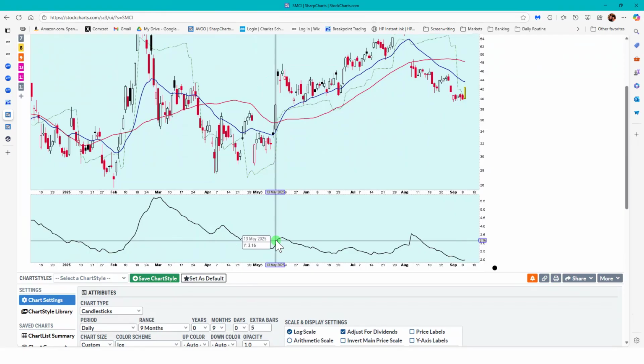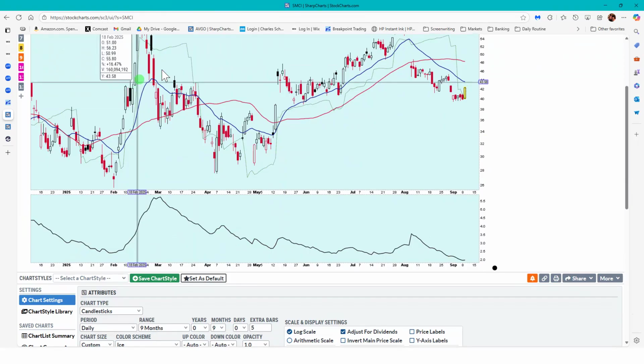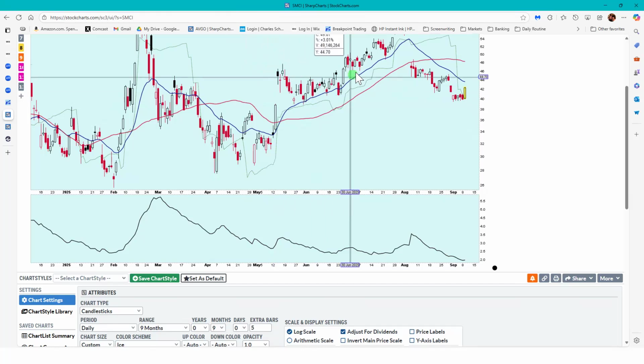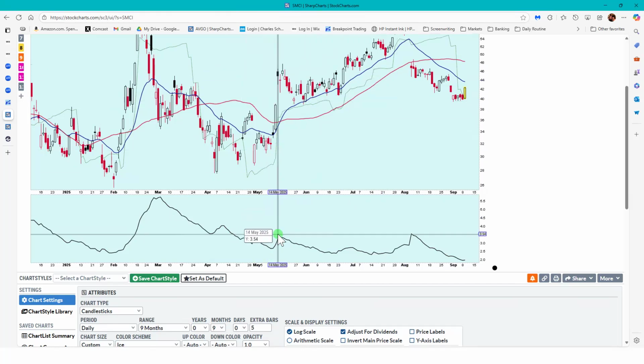So 3 divided by 39, let's call it, so that's about 7.5, almost 8%. For a stock like this, you probably want to set your trailing stop at 8 to 10%, just to make sure you don't get stopped out. So that's the way to figure that out.